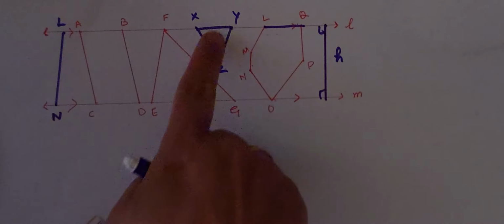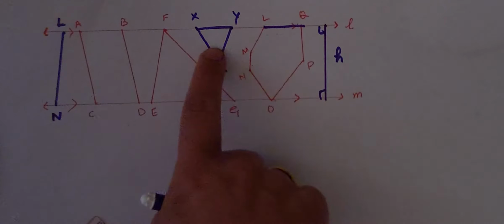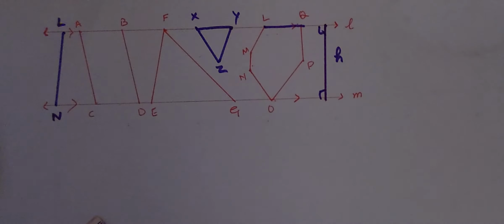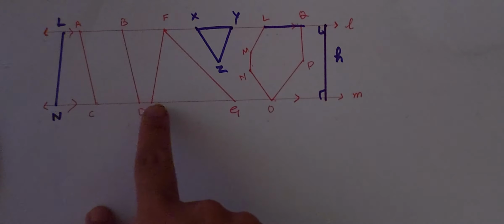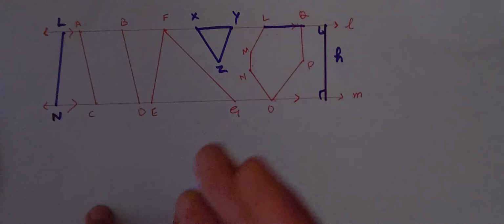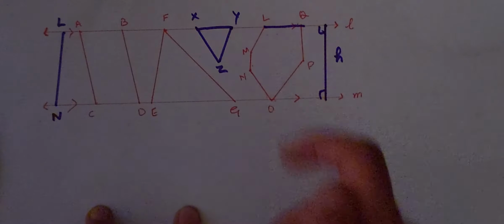No, because it starts from there and it doesn't go till here. So its height is less than H. This is what I mean to say when I say that the figures lie between the same parallels, then their height is going to be the same. It is going to be the same only if the base is on one parallel line and the topmost tip, the vertex or the side, is on the other parallel line.